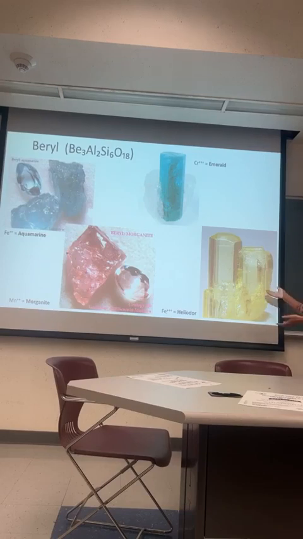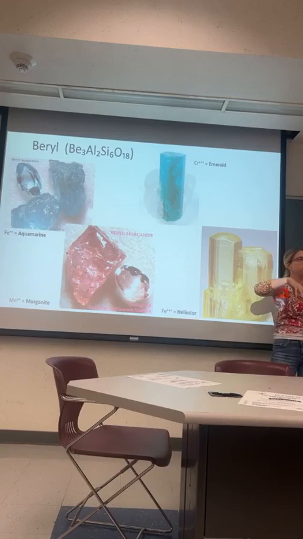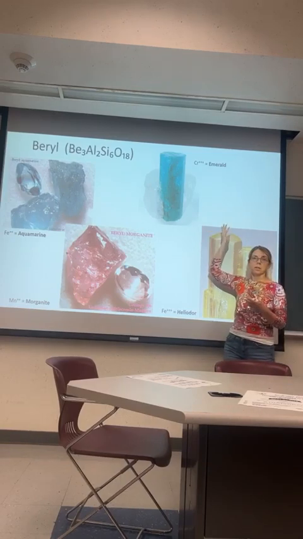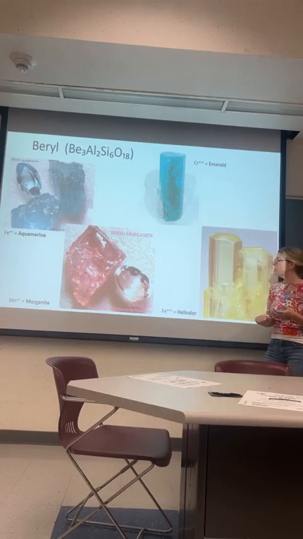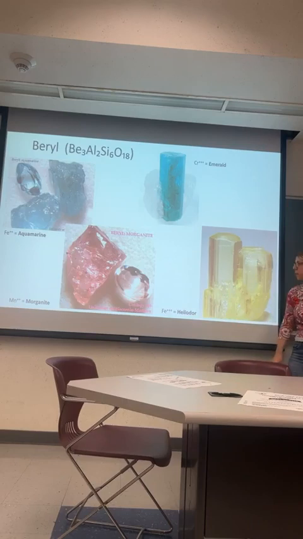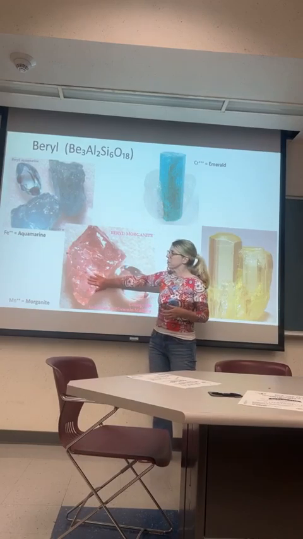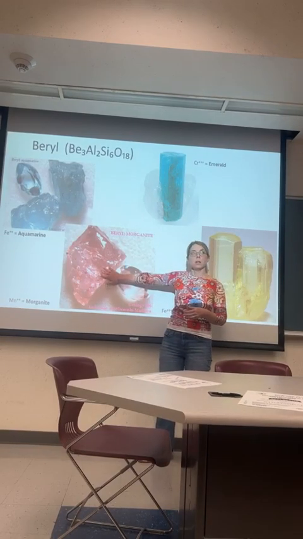Because if chromium is in the center of those 6-membered rings, it's going to cause that beryl to be green, and we call it an emerald. If it's trivalent iron in the center of those rings, it's going to be yellow, and we give the gem name heliodor. If it's manganese in that 6-membered ring, it's going to turn pink.